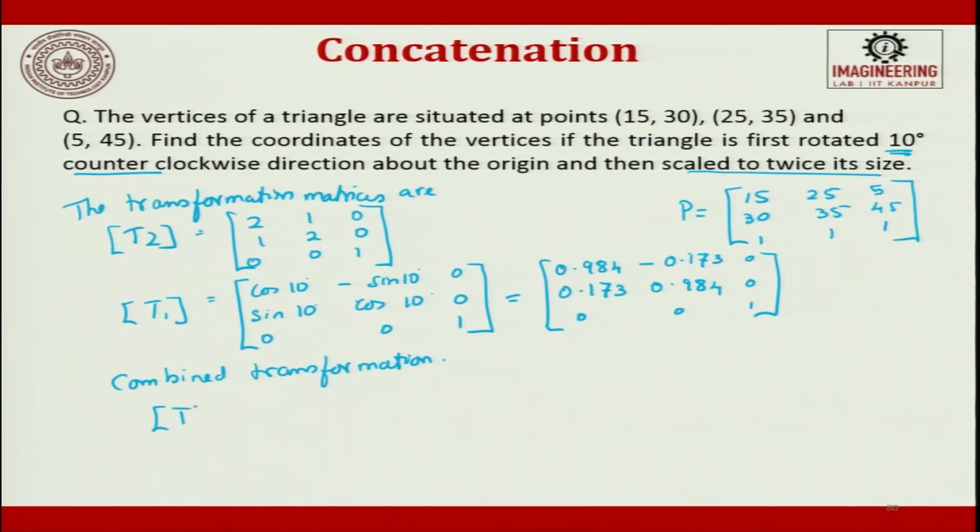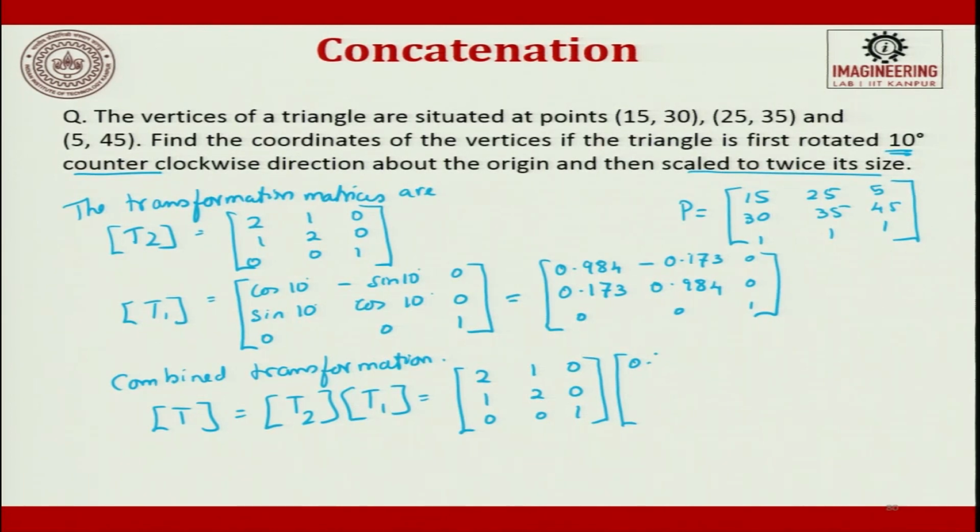T is nothing but T2 T1, which is nothing but 2, 0, 0, 0, 2, 0, 0, 0, 1 multiplied by 0.984, 0.173, minus 0.173, then 0.984, 0, 0, 0, 1.